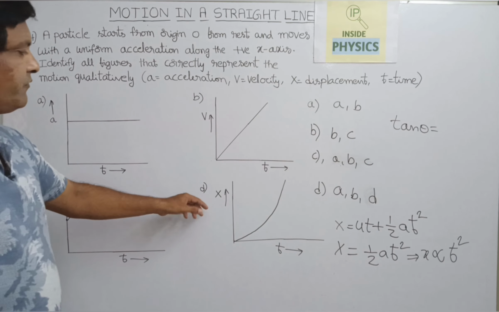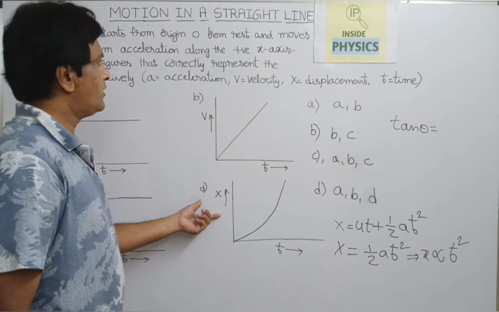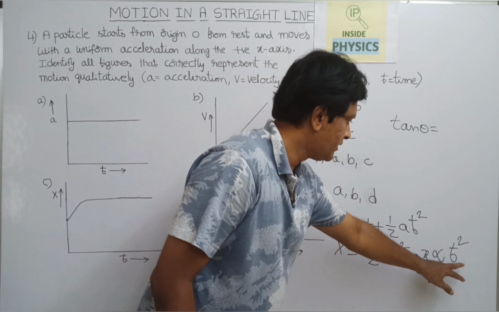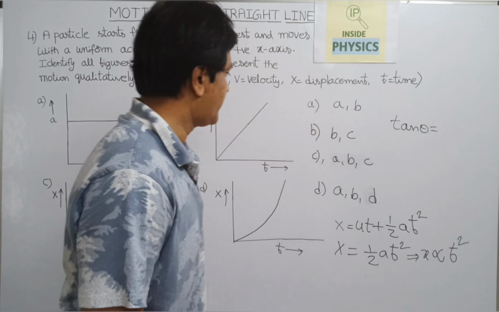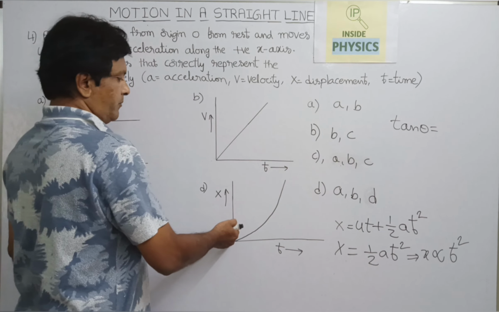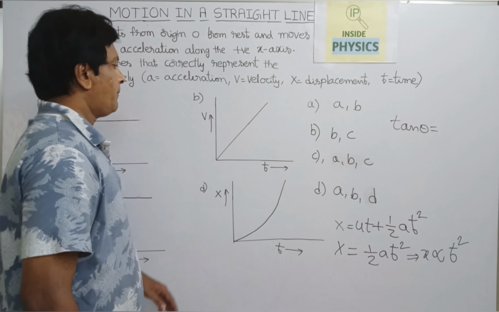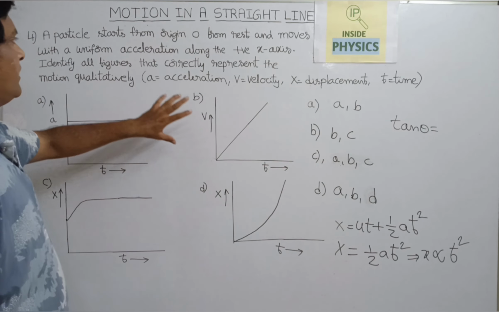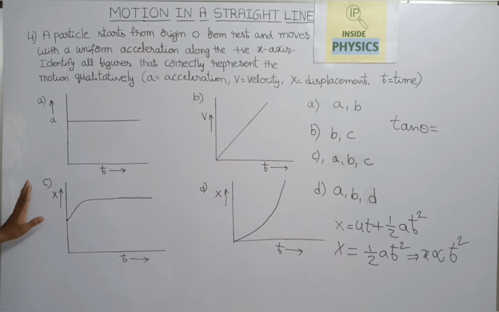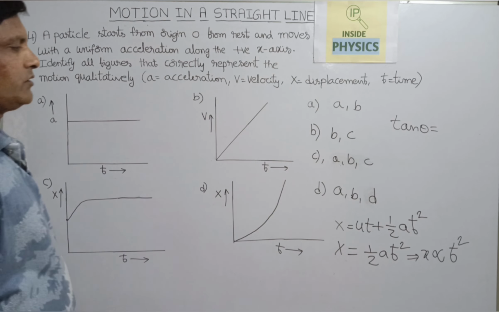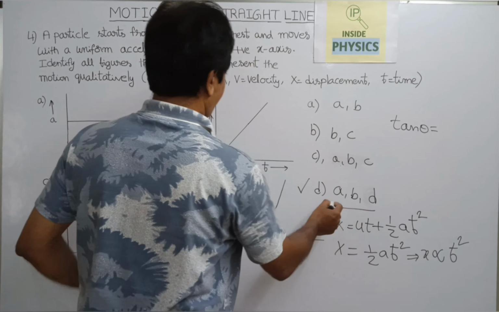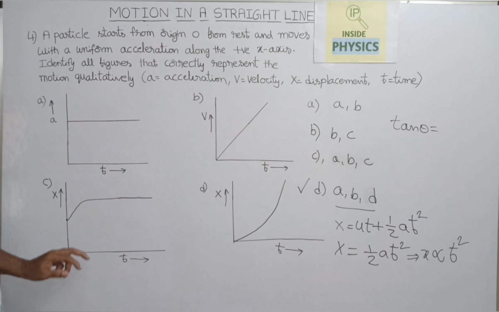So figure D will also represent this motion. That means displacement is proportional to square of the time. So the graph will be a parabola. So these three options A, B, D are representing this motion, but C is not. So the answer here is option D. A, B, D.